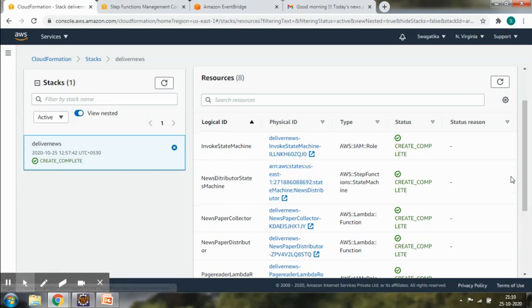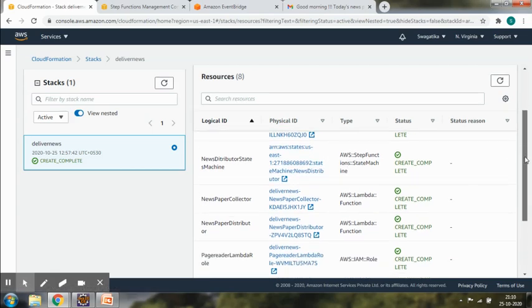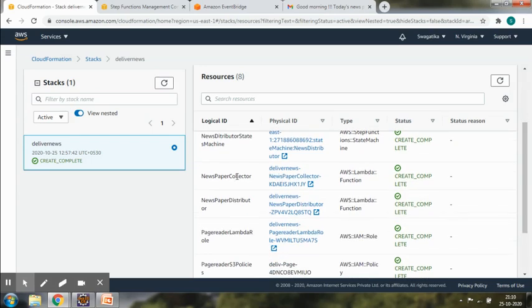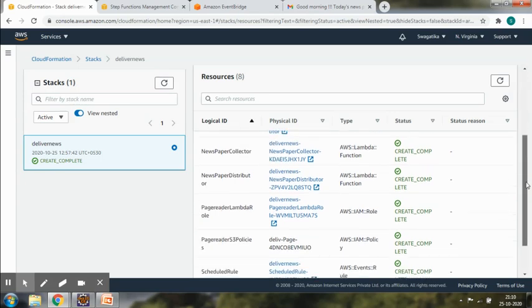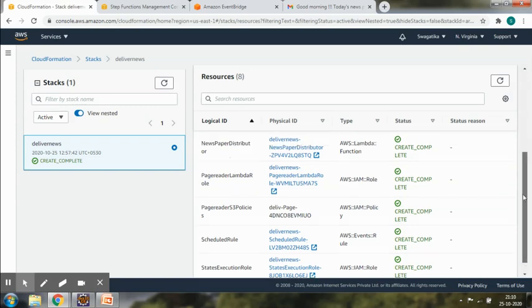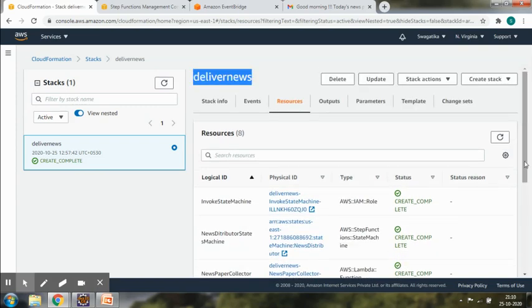One is the state machine, that is the step I explained to you, and this is the newspaper collector service. This is the newspaper distributor service, which actually does the job, and this is the scheduled rule. Okay, so this schedules this action on a daily basis.